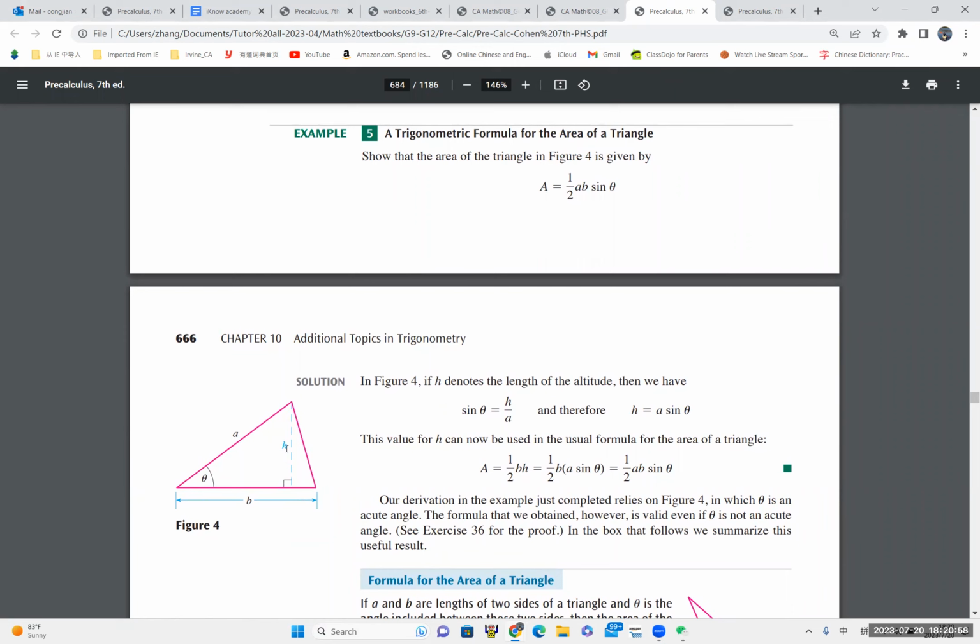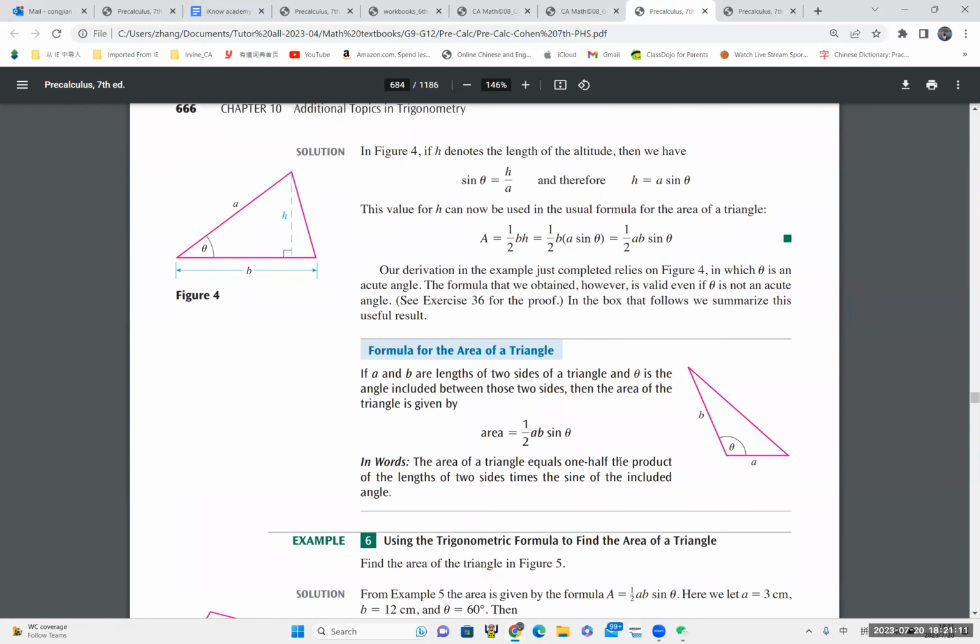Then represent the h by a and theta. Then use the triangle area formula. Okay, then generally we get this.